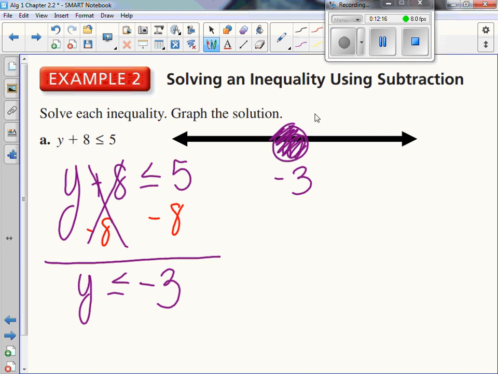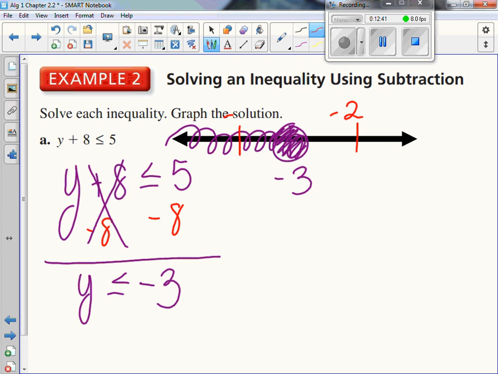Is it less than or greater than? Which one is greater, y or negative 3? Negative 3, yes, because this is less than. y is less than negative 3, so we would shade to the left.